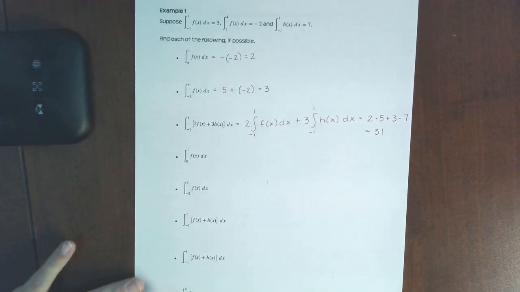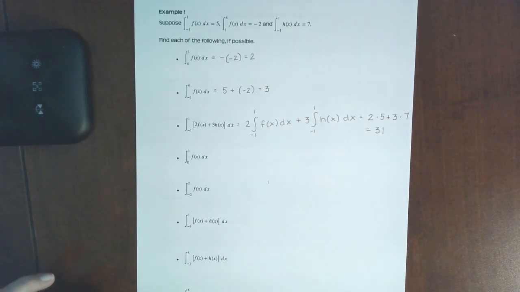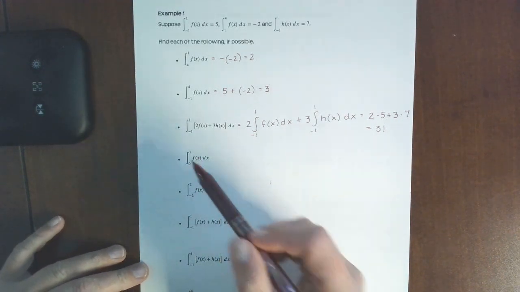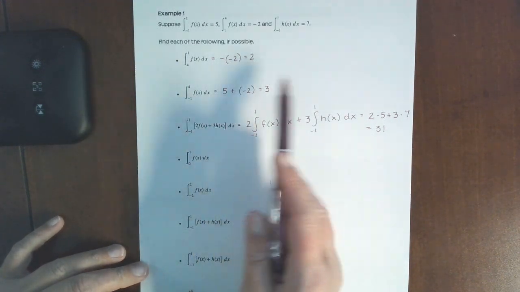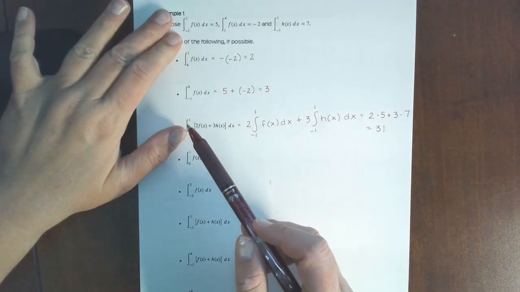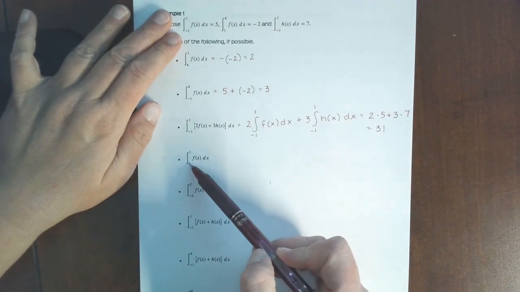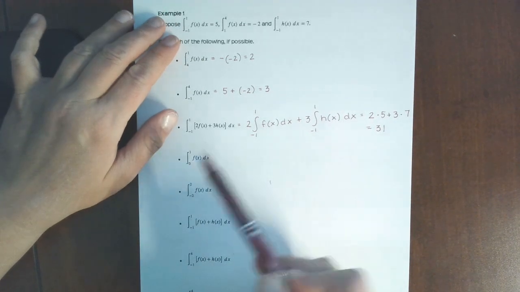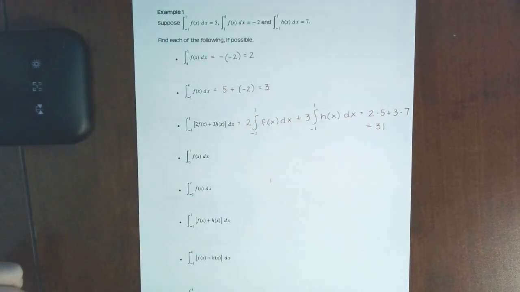Okay, this next one is a trick question. This next one wants you to go from 0 to 1. And I don't have anything that includes a 0, right? I do have from negative 1 to 1. And this is technically like halfway between negative 1 and 1. So this is essentially like splitting that area.